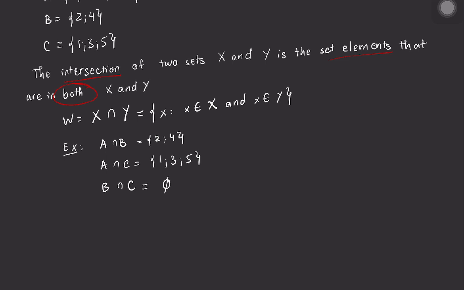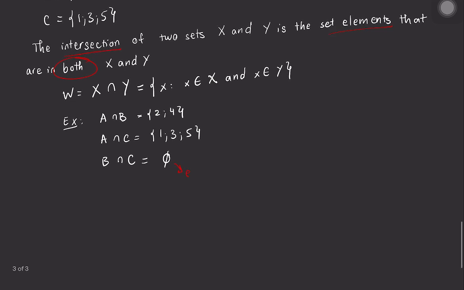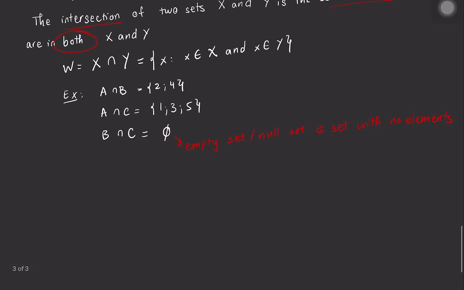So here's a new concept. The empty set, which we also call a null set, is the set with no elements. This is how we denote the empty set, with a 0 and a cross out.